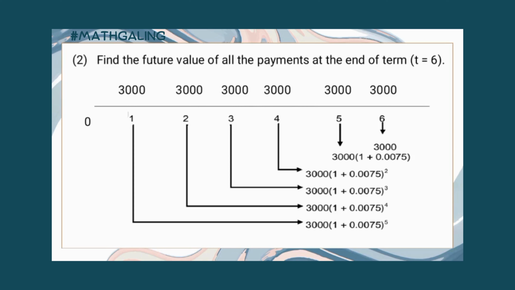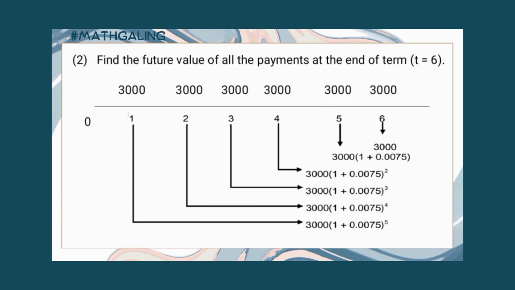So for the first payment, that's the periodic payment, 3,000 times 1 plus the interest rate 0.0075, and again n minus 1. Since n is equal to 6, minus 1, that's equal to 5. That's why we raise it to 5.